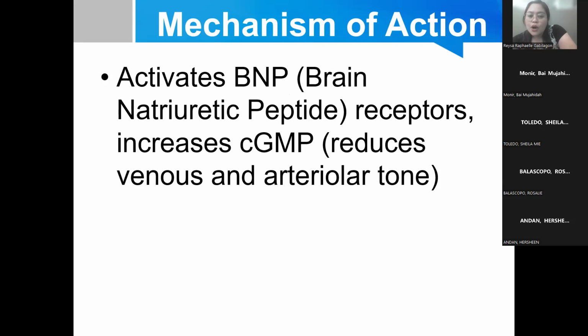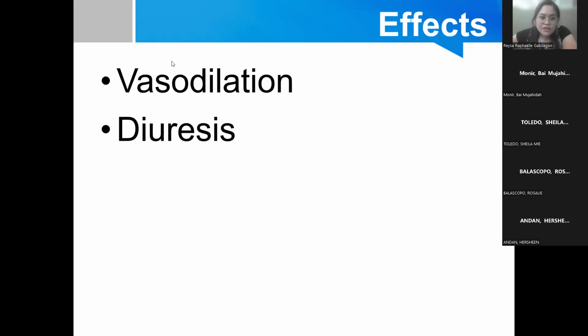Ito, cyclic guanosine monophosphate, but actually they have the same activity, and that is to dilate the blood vessels. When you say reduction in the venous and arterial tone, it means relaxation of the smooth muscles in the blood vessels, and that will lead to dilation. Okay, so here it is.